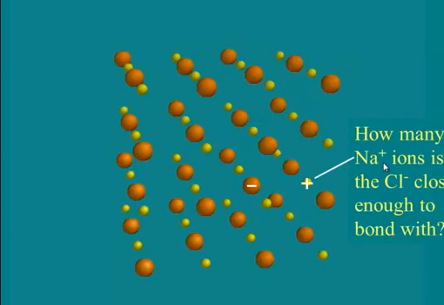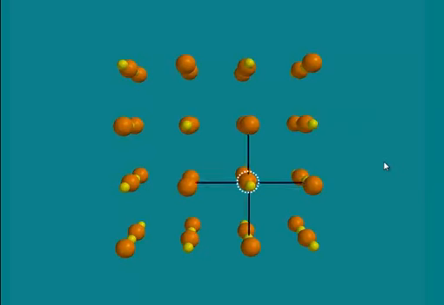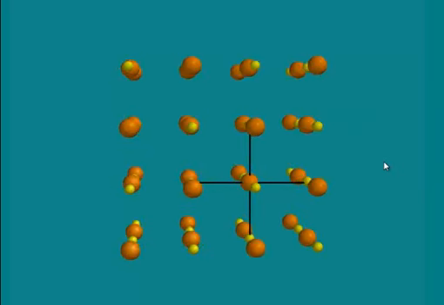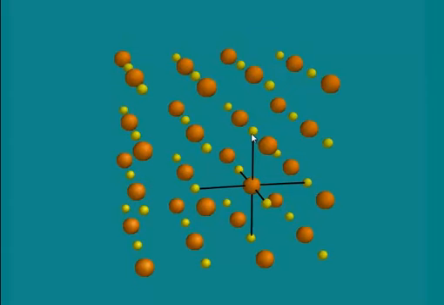Again, from the head-on view, you can turn around, and for each chloride ion you have 1, 2, 3, 4, 5, and 6 sodium ions you can bond with.